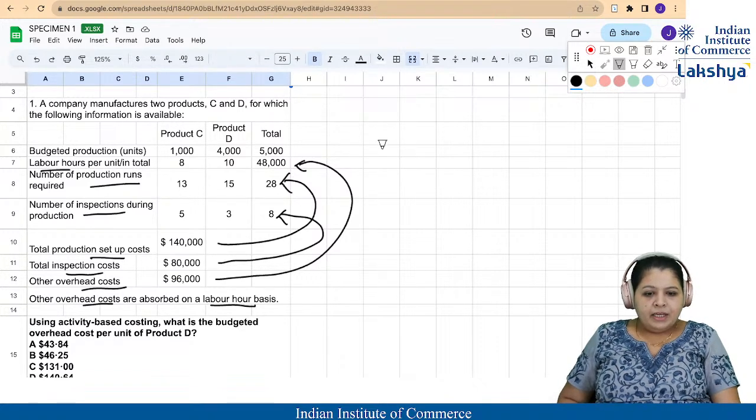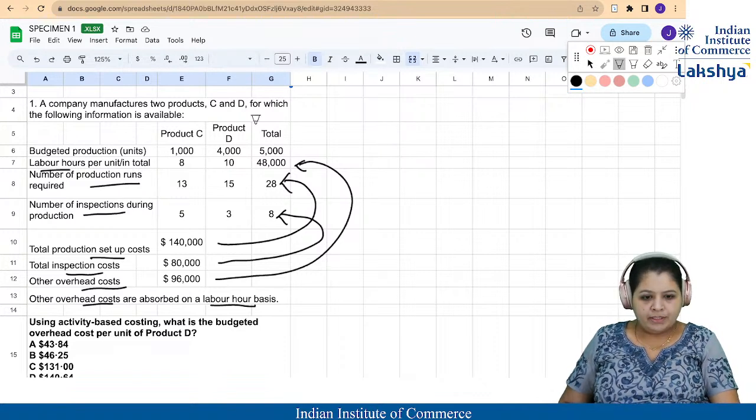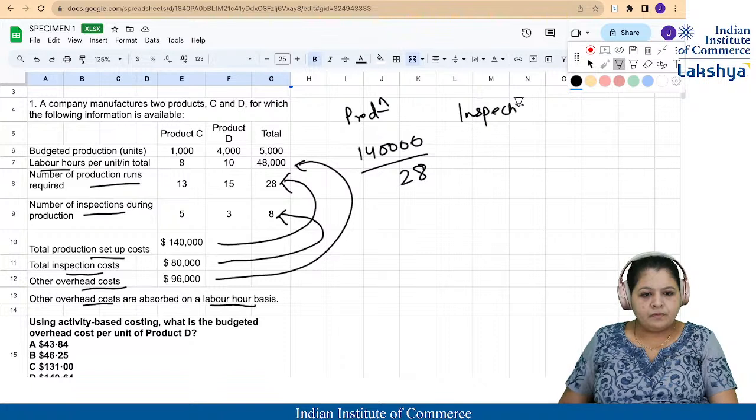Okay. You find out the per setup cost, per inspection cost, and overhead cost on the labor hour basis. How do you do that? So you take the aggregate amount, which is, for example, if you take the production setup, it's going to be 1,40,000, and then you divide it. The production, if you see, you have done it with your runs, right? So you divide it by 28. That will be your production cost. Then your inspection is 80,000 and you divide it by 8.